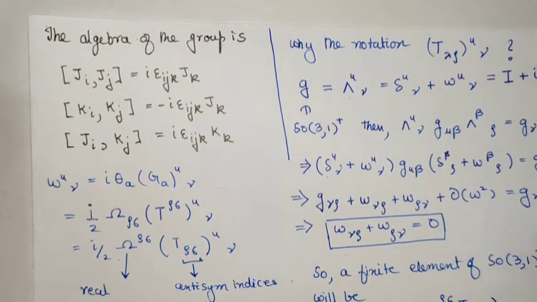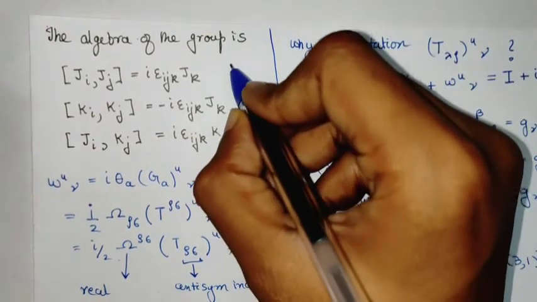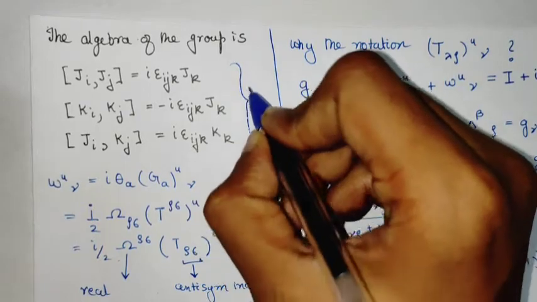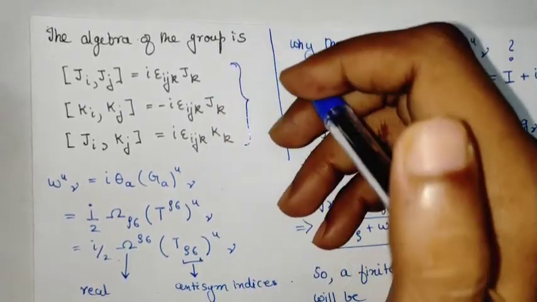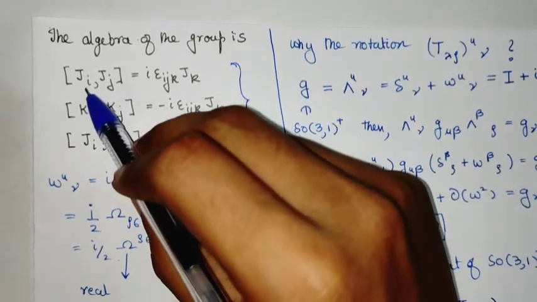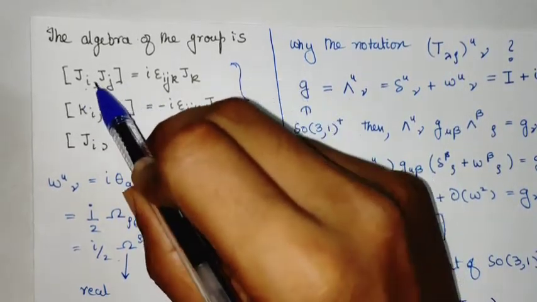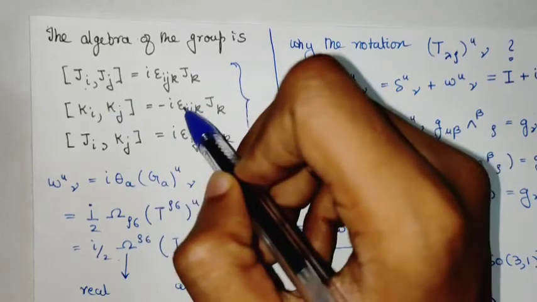But the point is, we also have the algebra of the group, because once you have this representation in 4 vector form, it's not hard to compute these various commutators.